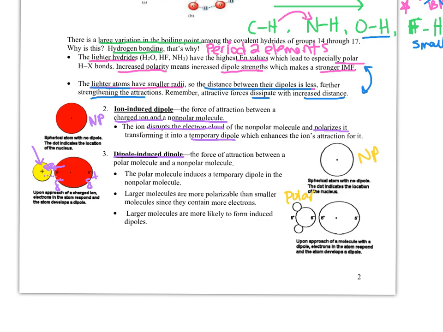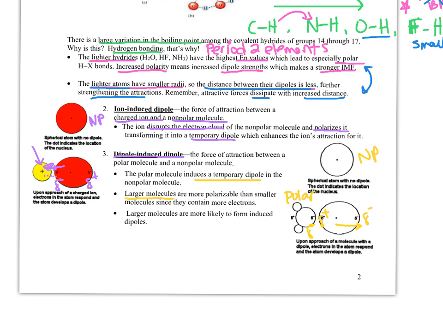The polar molecule has the partially negative charge, so that's going to shift the electrons. Or actually, I drew that the wrong way. It's going to shift the electrons away from that negative side. So then this side becomes partially negative, leaving a partially positive side. So the polar molecule induces a temporary dipole in the nonpolar molecule, causing it to be slightly polarized.